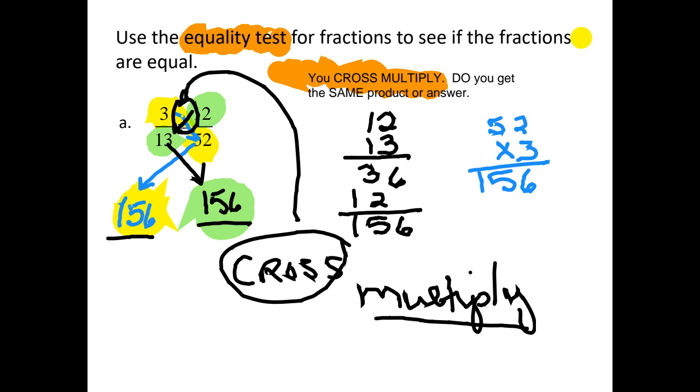Does it matter? Yes. That 3 times 52 is going below the fraction that started with the 3. The 12 is going to have the answer of 12 times 13 below it. And they are equal. This is known as a true proportion.